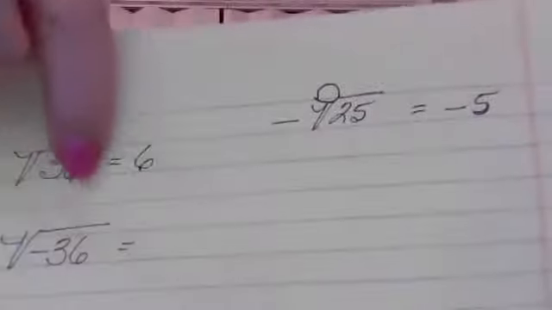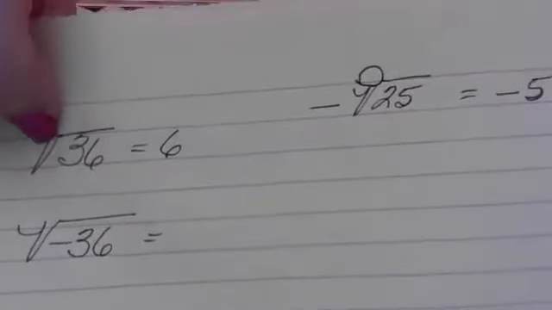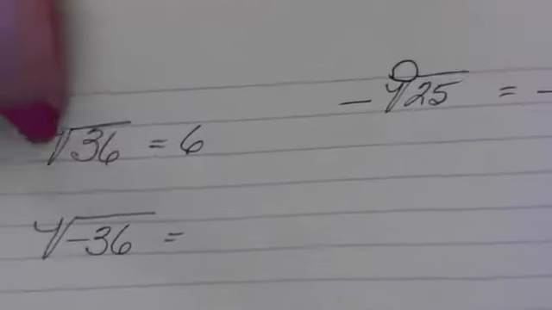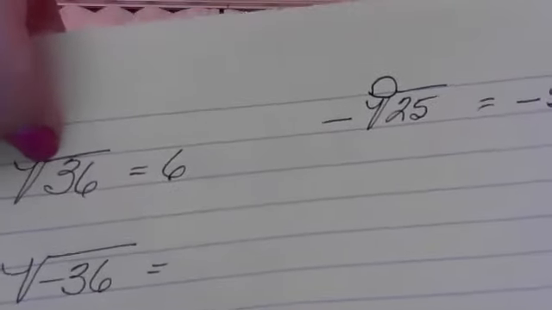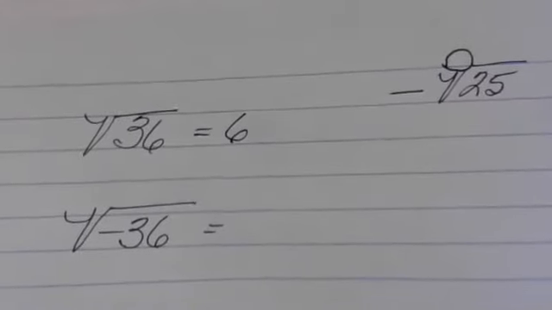So how does she know it was a 2? Because if there is not a number written here in the V, then it's an understood 2. It's an understood square root.